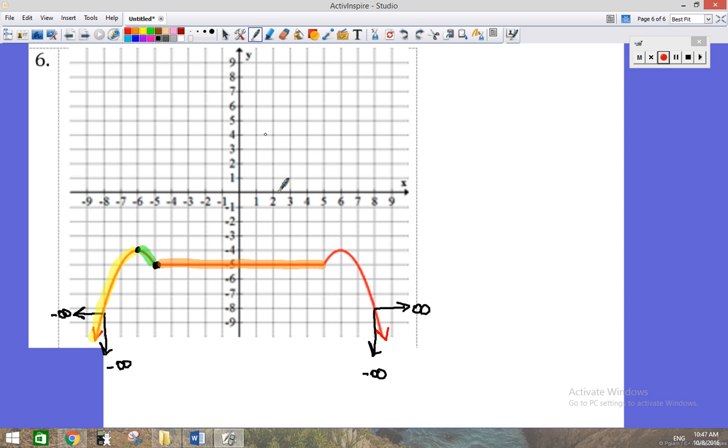The y values are remaining constant until we come to this point. Then we increase for a very short while until we hit this point, and then we decrease. So we have two intervals to describe over which the function is increasing. I've highlighted those in yellow.